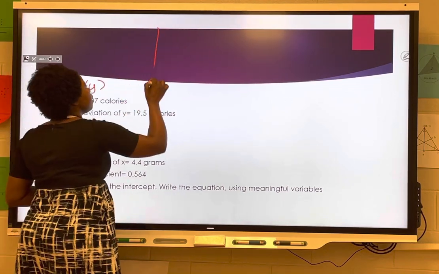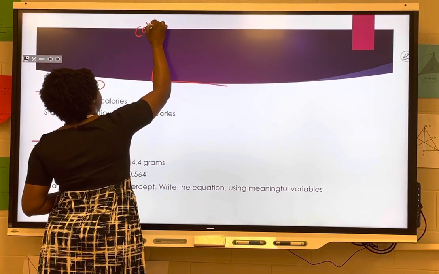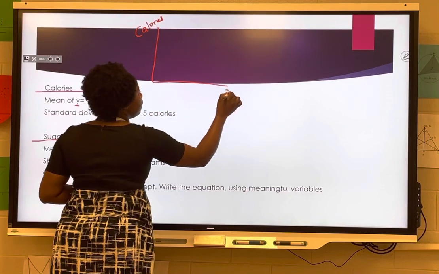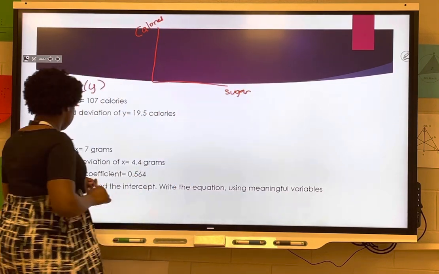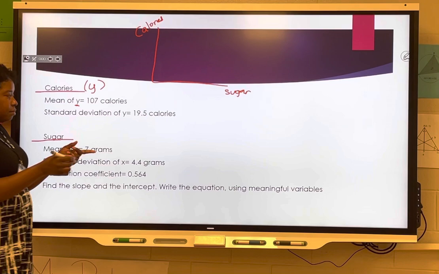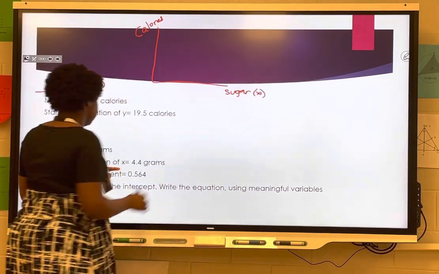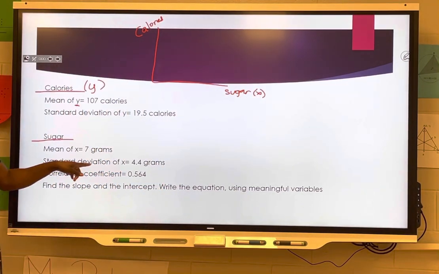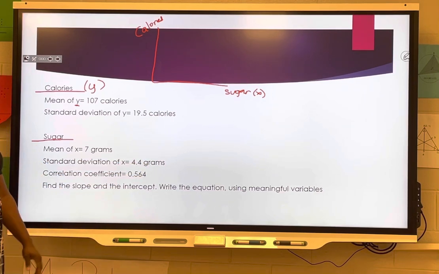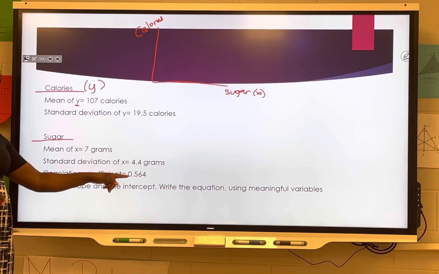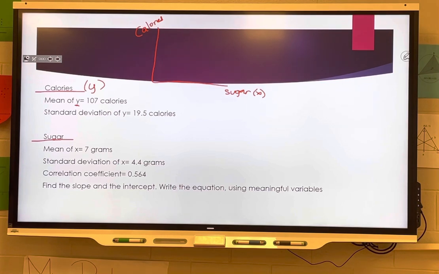If you think about your graph, calories would be up here, and down here would be sugar. Because again, the mean of x represented on the x-axis is 7 grams. Standard deviation of x is equal to 4.4 grams. Correlation coefficient is 0.564. You're asked to find the slope and the intercept and write your equation using meaningful variables.